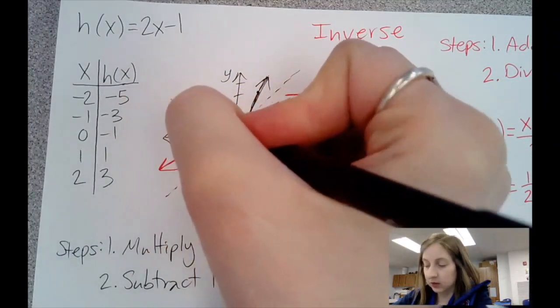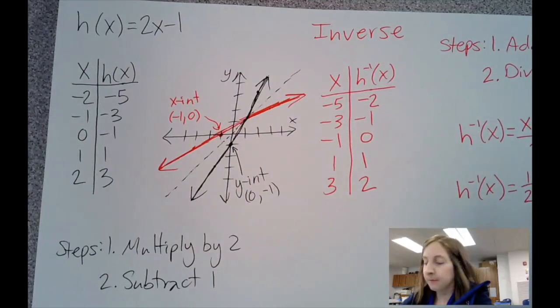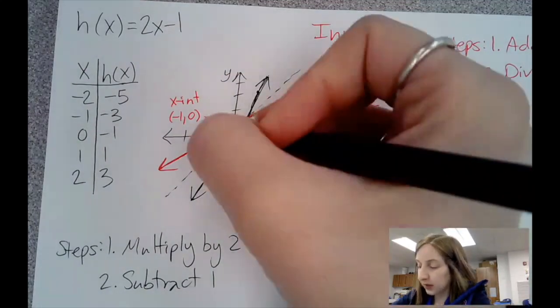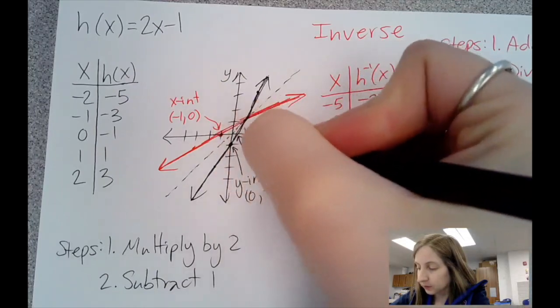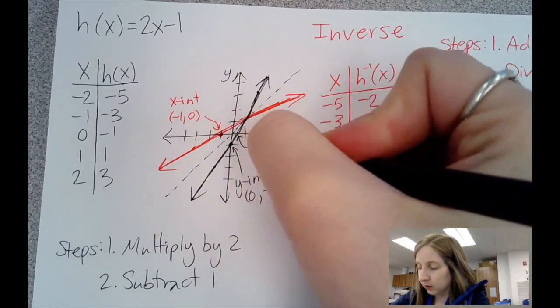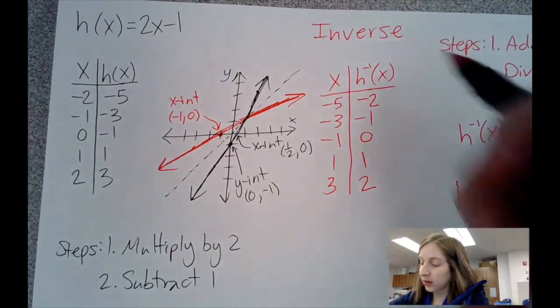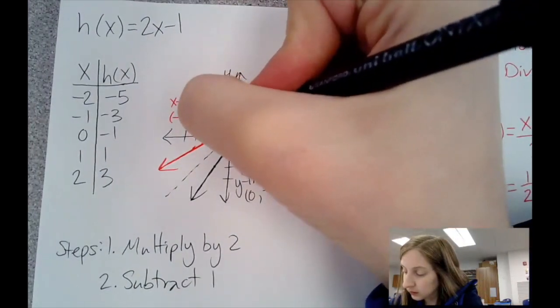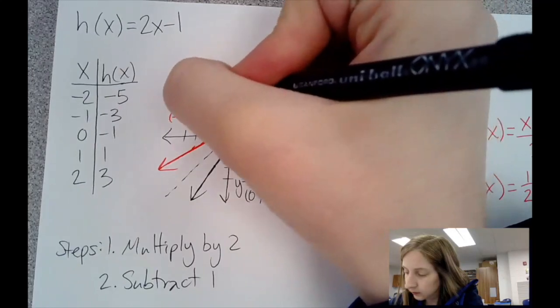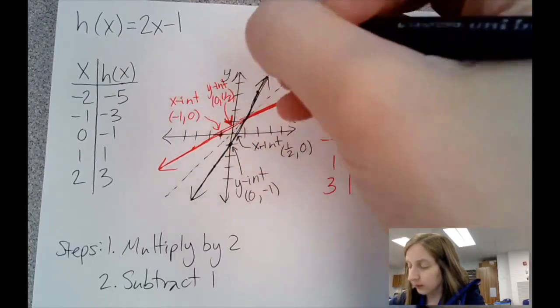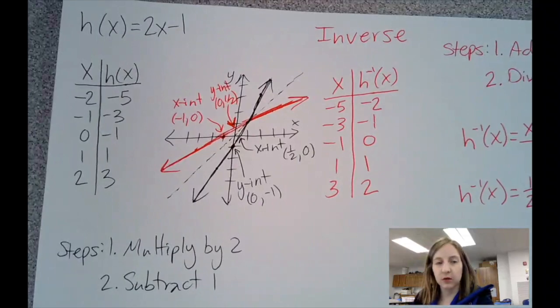It's an x-intercept here at -1, 0. The same thing happens with the x-intercepts. Here's my x-intercept. It's at 1/2, 0. When I trade the x and the y places, I end up right here, 0, 1/2. And that's the y-intercept for the inverse.